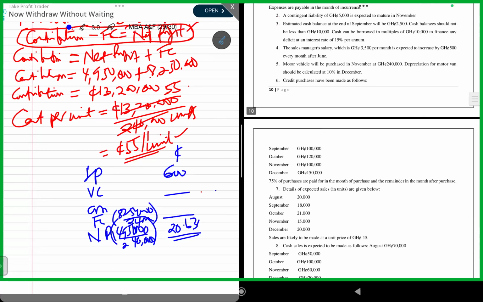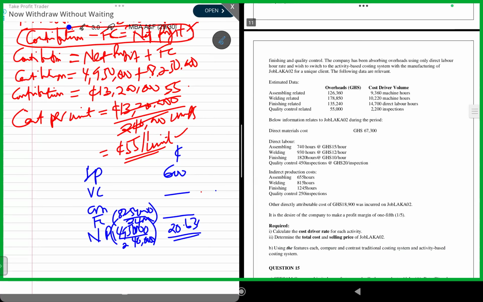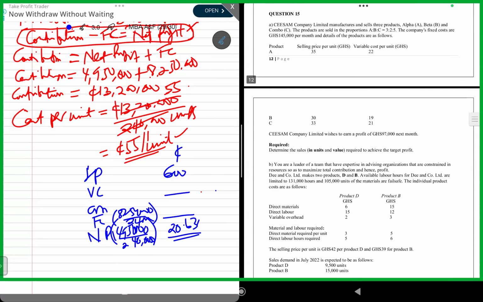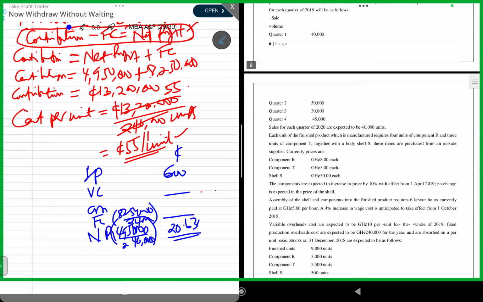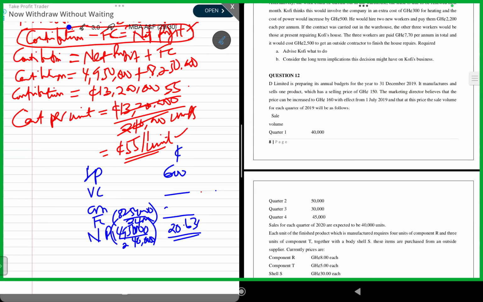What do we have? Let's be quick. 34.38. And for us to find the contribution, we should add the net profit and fixed costs. So add both. Let's see what our contribution margin will be.